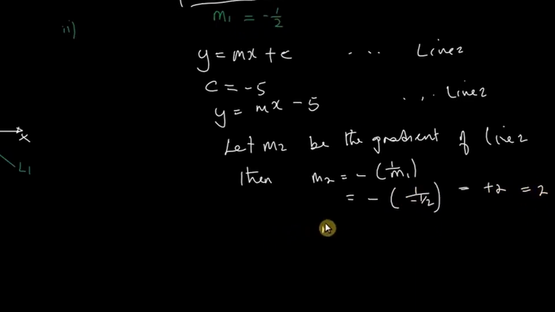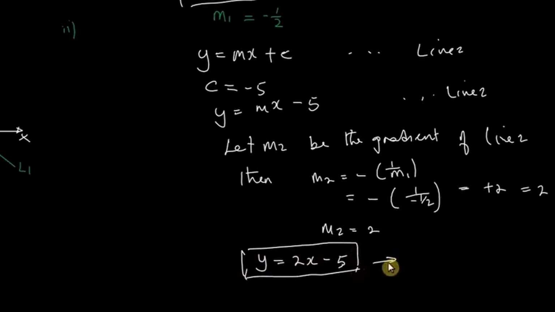So m2 is equal to 2, and we can rewrite the equation for line 2 as y is equal to 2x minus 5. So this is our equation for line 2.